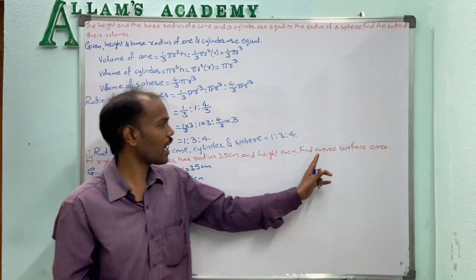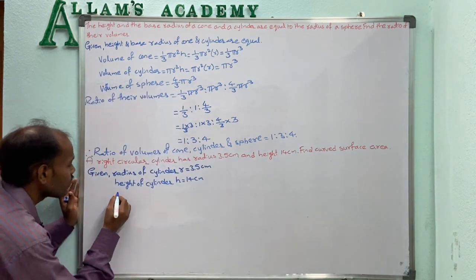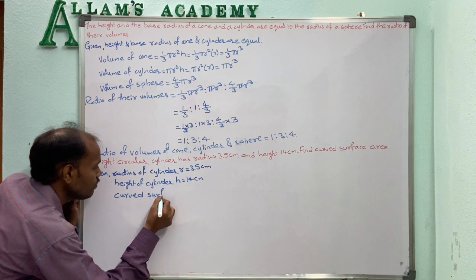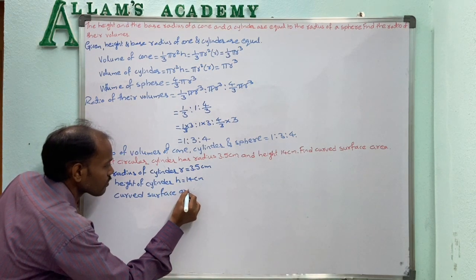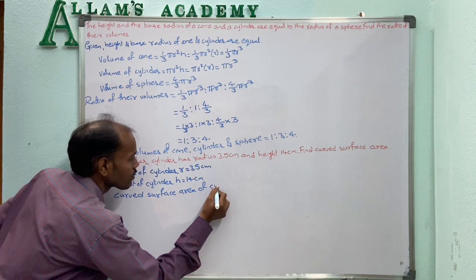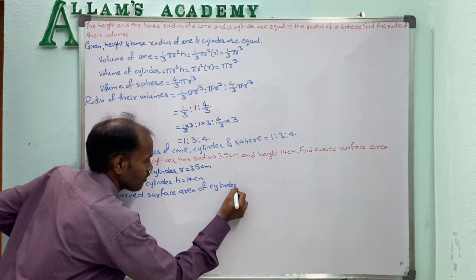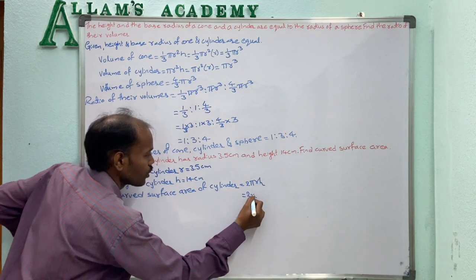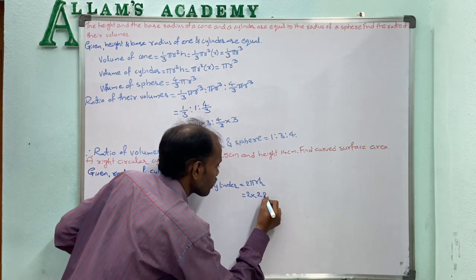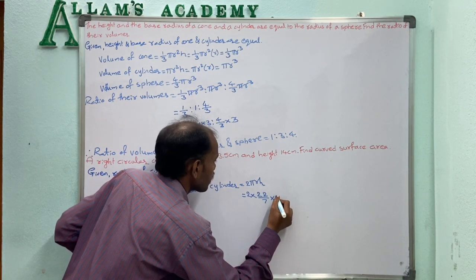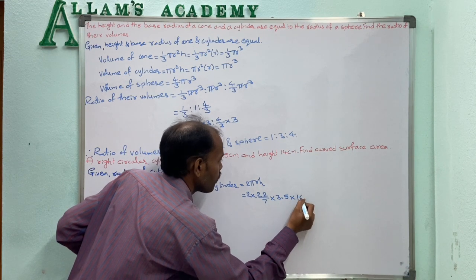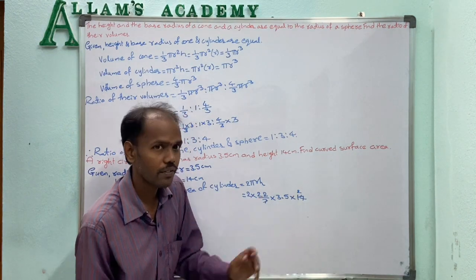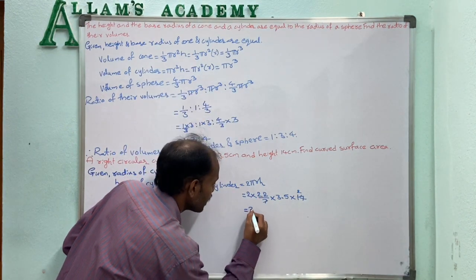Now we have to find the curved surface area. Curved surface area of cylinder is 2 pi r h, that means 2 into 22 by 7 into 3.5 into 14. 7 ones are 7, 7 twos are 14, and 2 into 22 into 3.5 into 2 is 308.